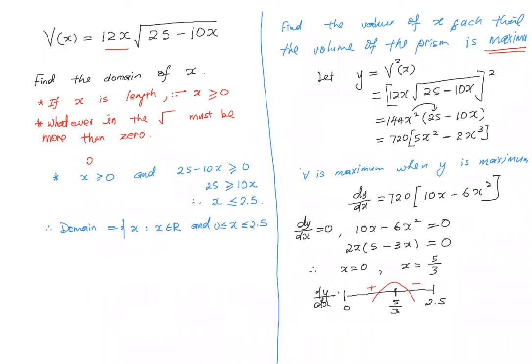Will I give you marks for this part? Not necessary, it's up to me. So therefore, you can make a conclusion because you made this statement already. Say therefore, the volume is maximum when x equal to 5/3 cm. That's it.